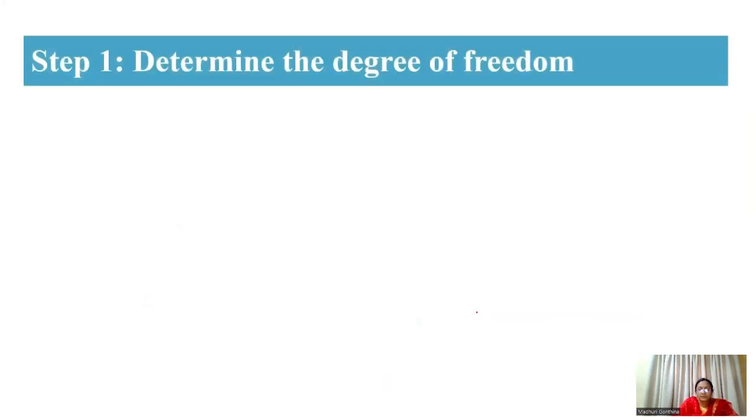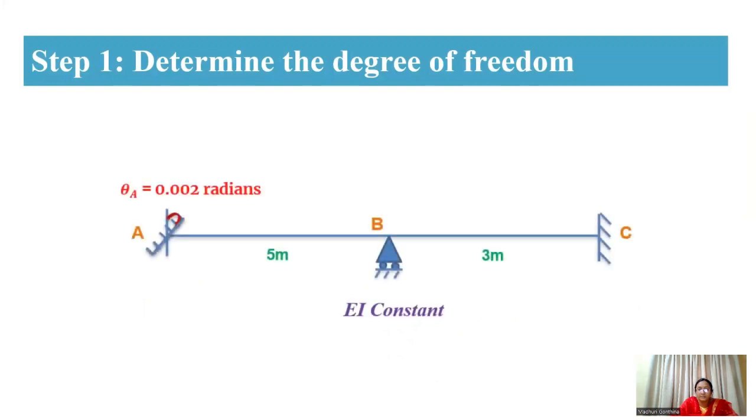Coming to your first step, you're going to determine the degree of freedom. For this problem, as it is a fixed support, it has just been rotated. So here you're having the rotation, but the translation will be equal to 0. Whereas coming to the B support, you are having a rotation, but you don't have any translation. At C support, both rotation and translation are equal to 0.